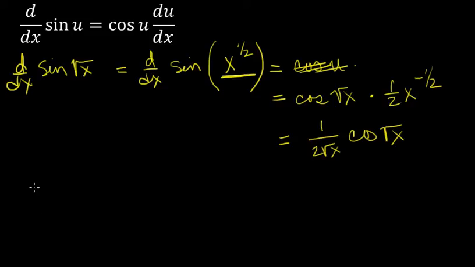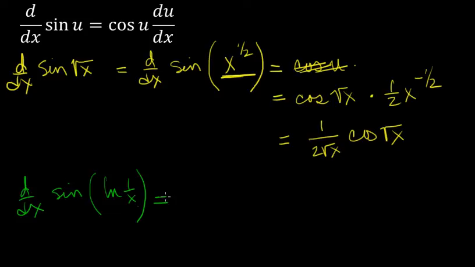Let's do another example. The derivative with respect to x of the sine of the natural log of 1 over x. Can you see here that we again have 3 functions nested? The inside function is 1 over x, the middle one is natural log of 1 over x, and then the outside function is sine.